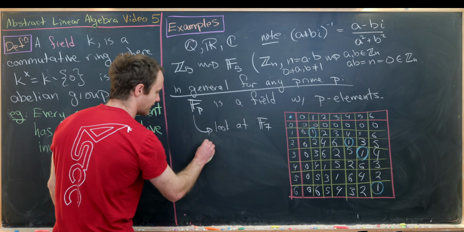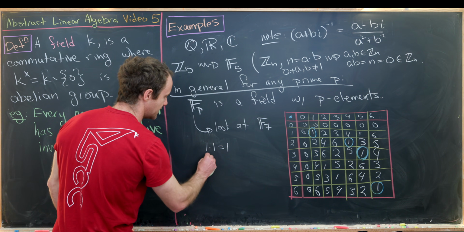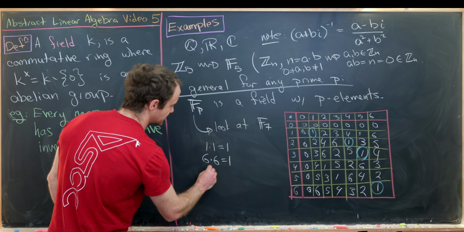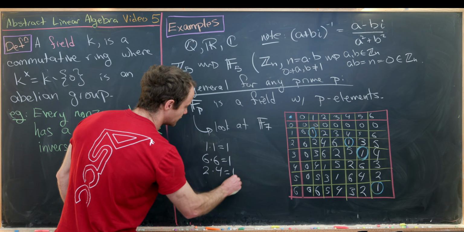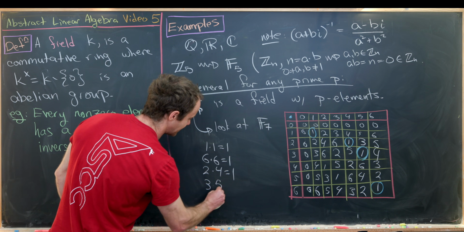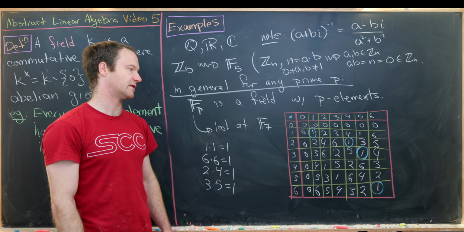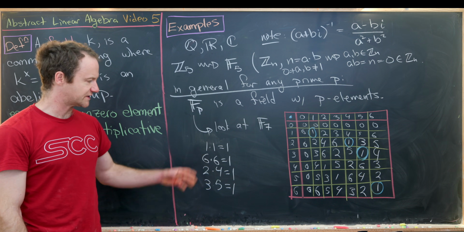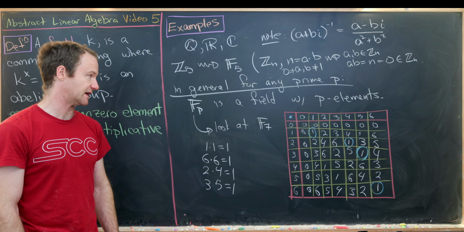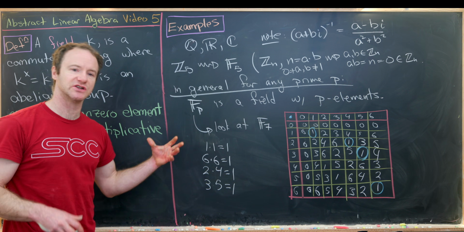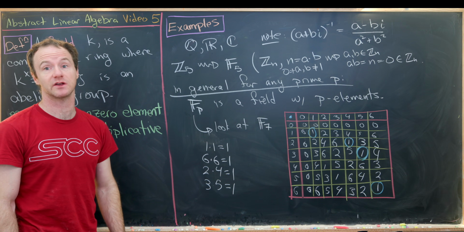So let's note we have 1 times 1 is equal to 1, 6 times 6 is equal to 1, and then 2 times 4 is equal to 1, and 3 times 5 is equal to 1. So there are the inverse pairs for all of our non-zero elements in F7, really checking for sure that this forms a field.